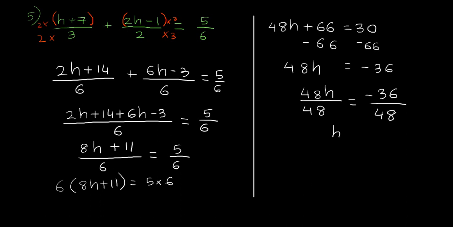So h will be minus 36 over 48, and both of these numbers come in the 12 times table, so I can divide both of them by 12, which gives me h equals minus 3 over 4. That's done.